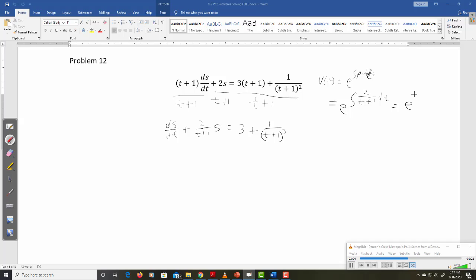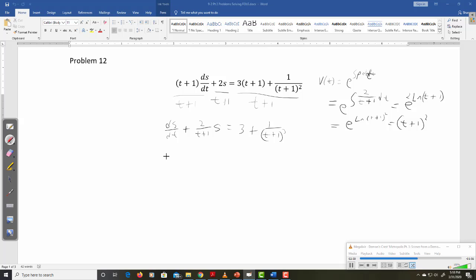So that's e to the 2 ln of t plus 1. And then you can take that 2 into the exponent, e to the ln of t plus 1 squared, and then that just becomes t plus 1 squared.